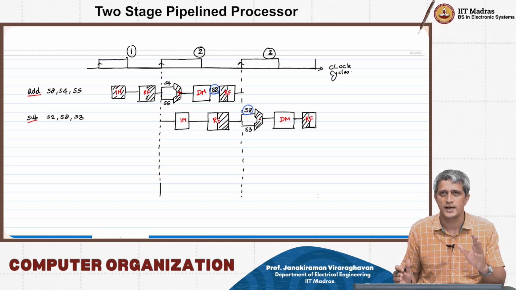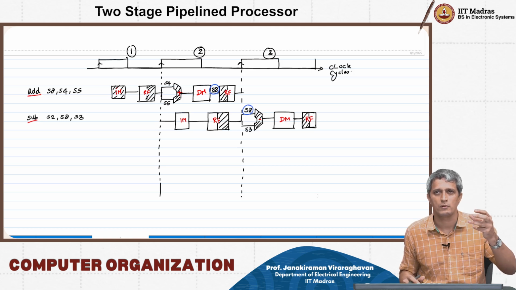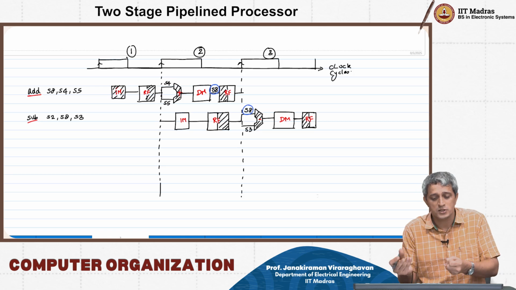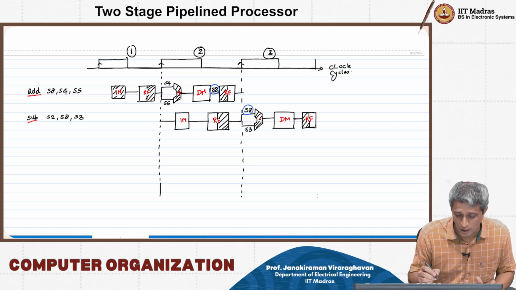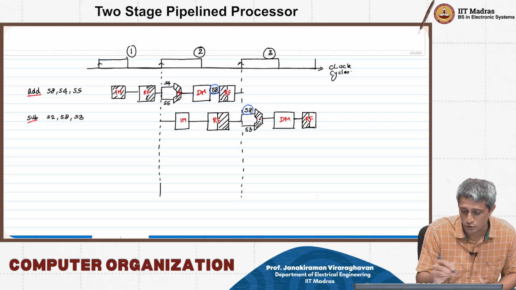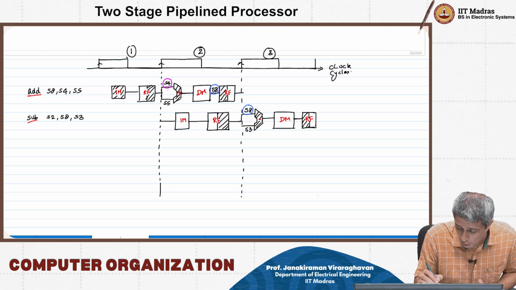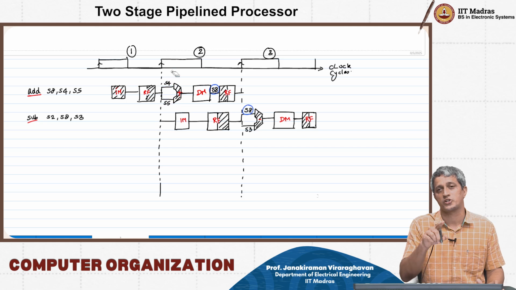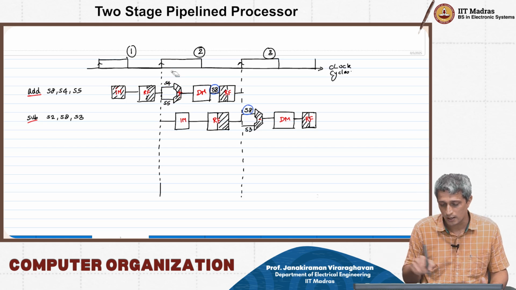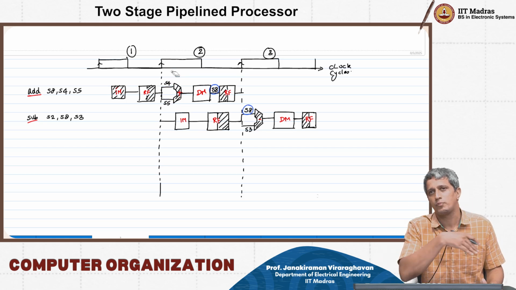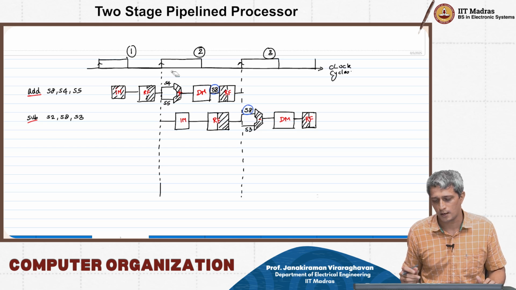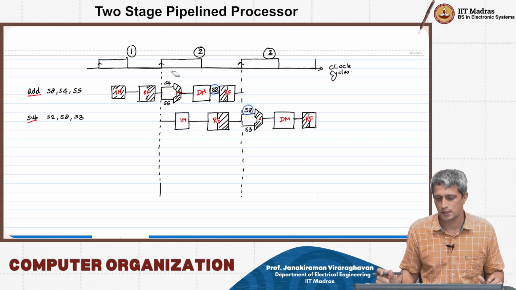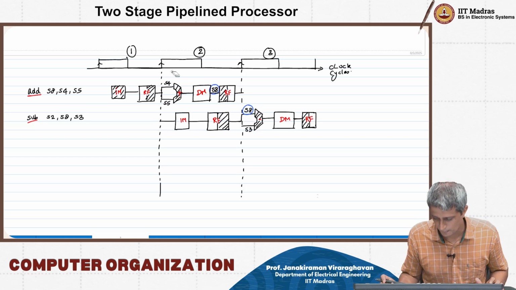The sources S4, S5 are getting decoded by that register file. You are getting the contents of S4 and S5. Remember, the contents of S4 and S5 are actually appearing in the second clock cycle only. So the actual execution of that instruction is happening in the second clock cycle, during which the instruction fetch and the register file decoding can happen for the second instruction.